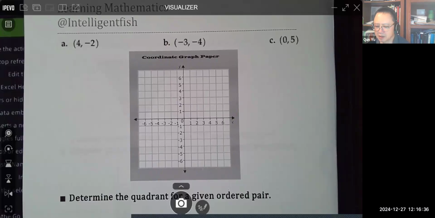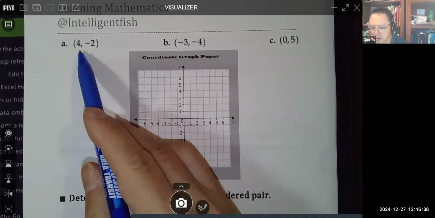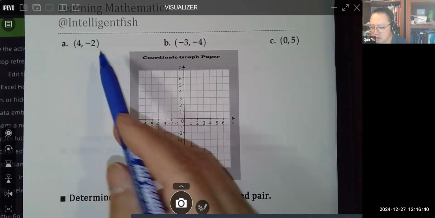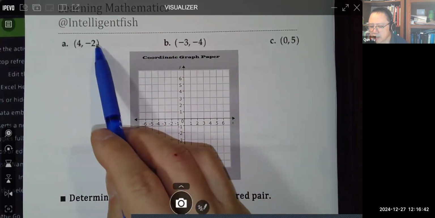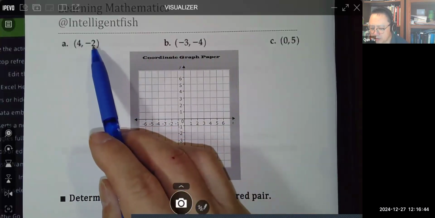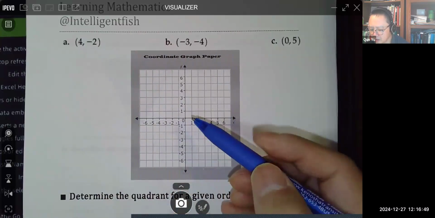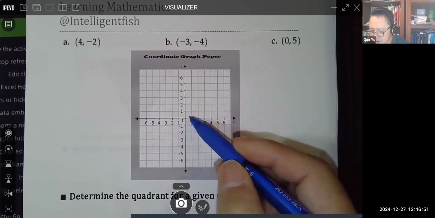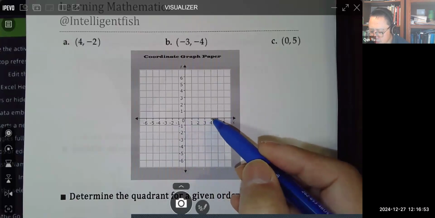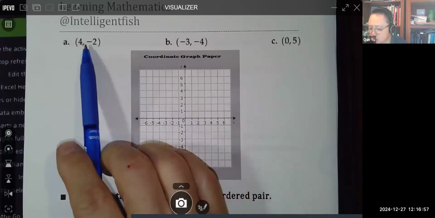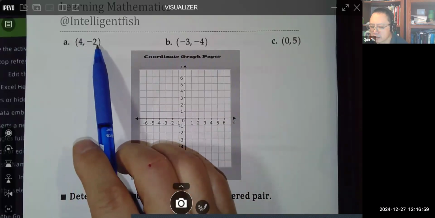First one is x is 4 and y is -2. All of these values are relative to the origin, which is the 0 point in the center here. So x is 4. From here, you go to x equals 4. Don't draw a point yet, because a point is determined by two coordinates, not one.